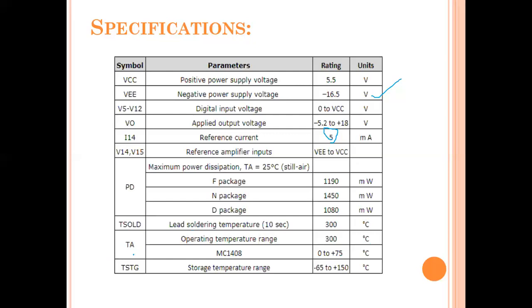TA represents the ambient temperature, so the operating temperature range for MC1408 is 0 to plus 75 degrees Celsius. TSTG means storage temperature range, which ranges from minus 65 to plus 150 degrees Celsius. So these are the specifications of the 1408 D2A converter.